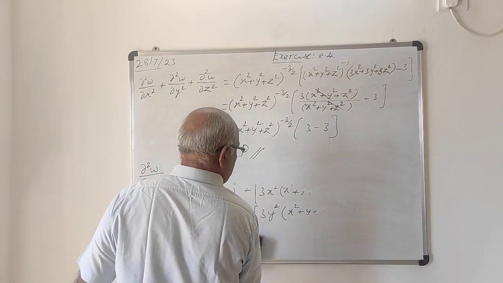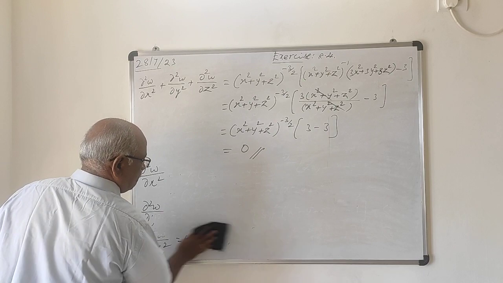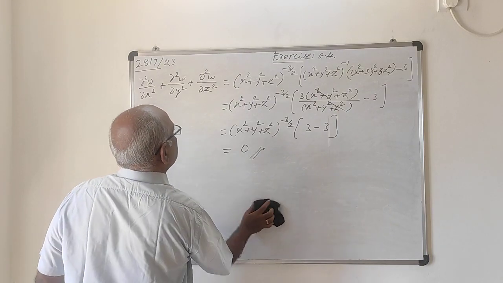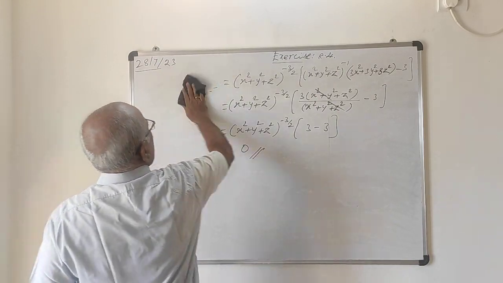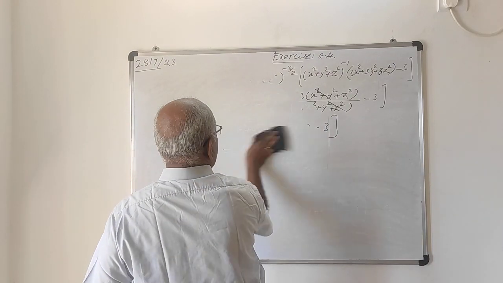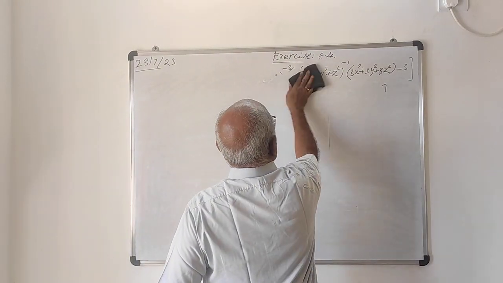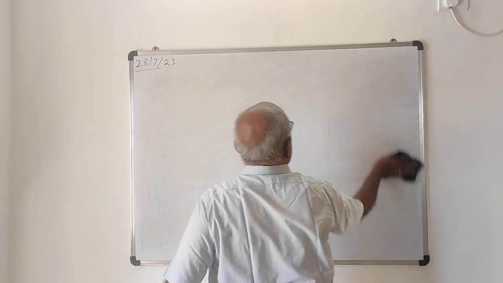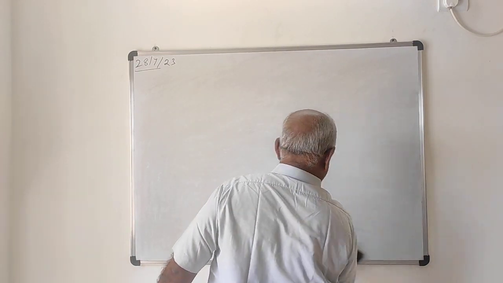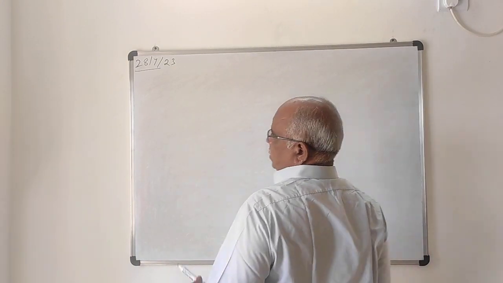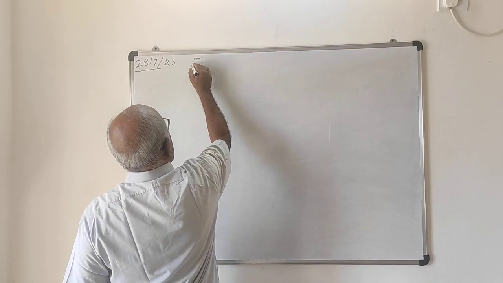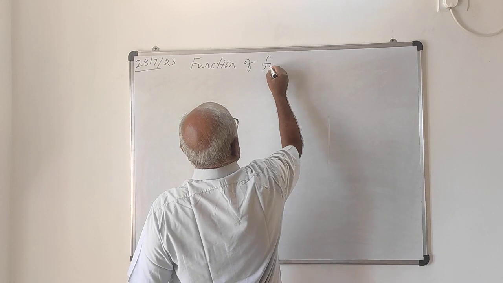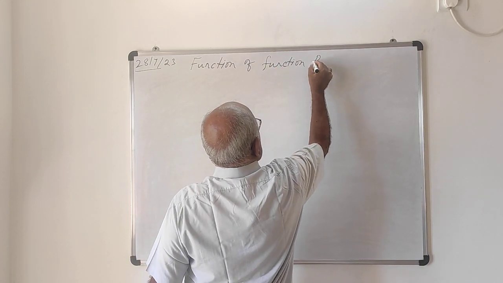Chain rule is nothing but the function of a function rule.